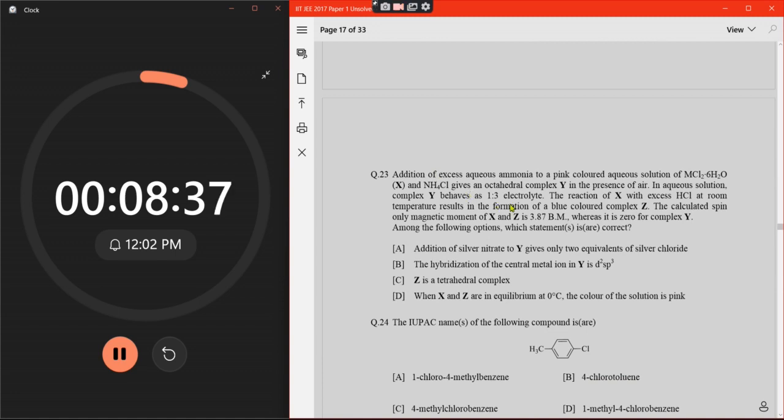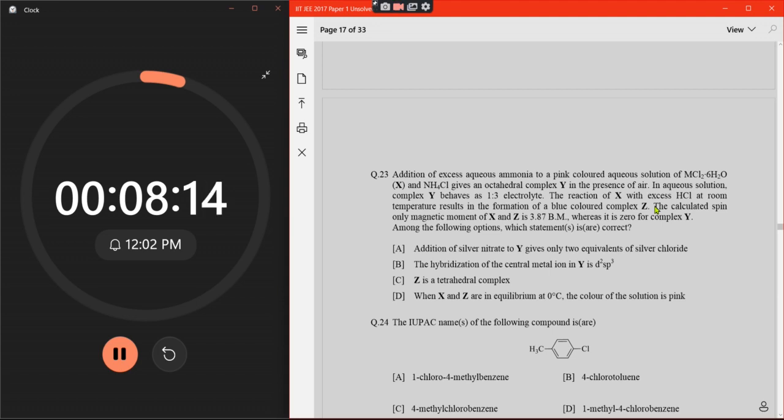Addition of excess ammonia in aqueous solution of MCl2·6H2O and NH4Cl is an alkyl complex in the presence of air. Ammonia डाल के, right? Okay, so fine. In an aqueous solution, the complex Y behaves as 1:3 electrolyte. What does that even mean? 1:3? किस चीज का रेशियो है?